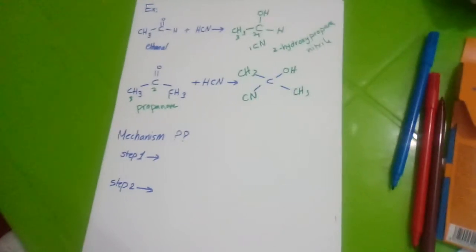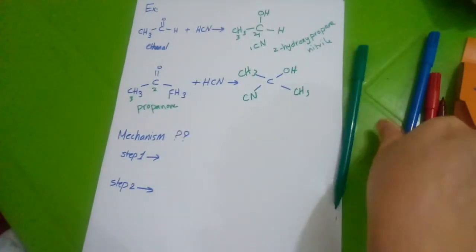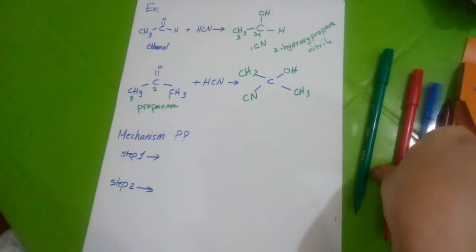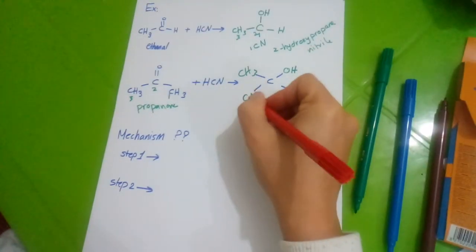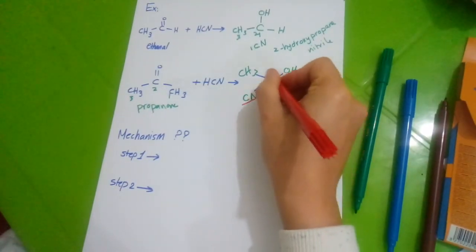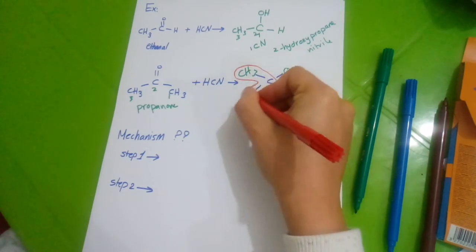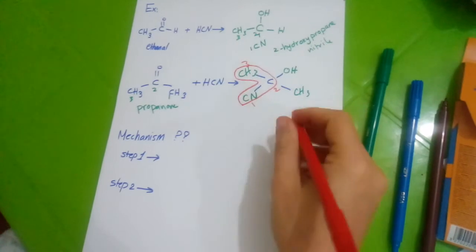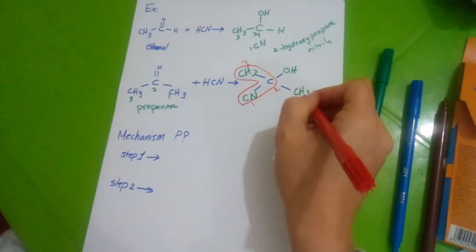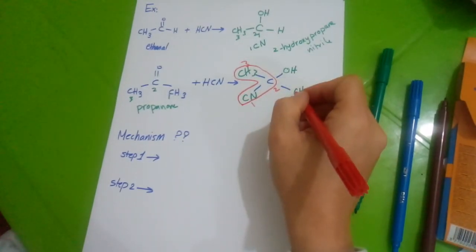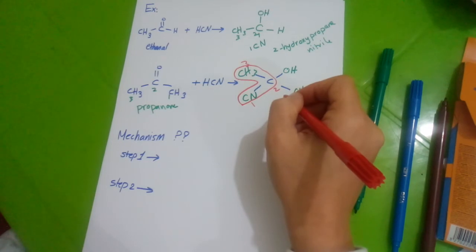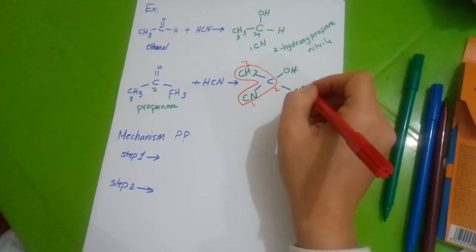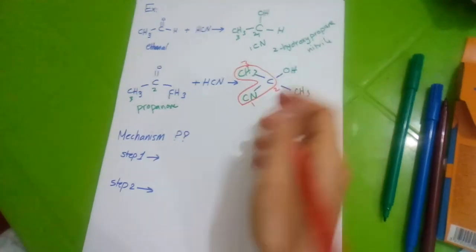How can I name that compound? I will start searching for my chain like this. I will search for a continuous chain. Okay, so we have 1, 2, 3. It's 2-hydroxy, 2-methyl. You have to follow the alphabetical order in order to name your compound.